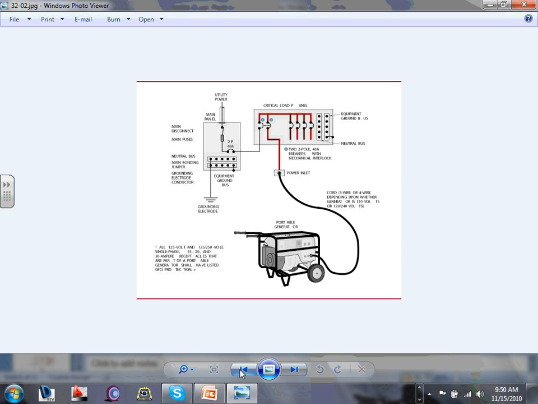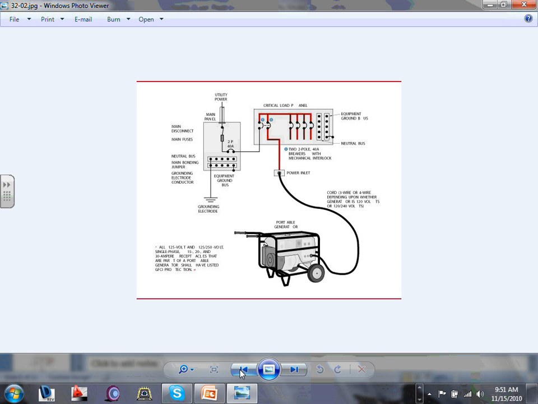It will be utility on, generator off, and when you lose power, with one mechanical physical movement you transfer the utility off and the generator on, using these specially designed 2-pole tied-together circuit breakers, 40 amp or 60, with a mechanical interlocking. The second step is push the button to start your generator, and all your loads are up and running. You don't need to do anything else.